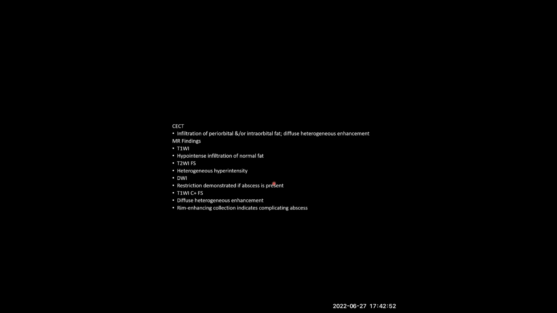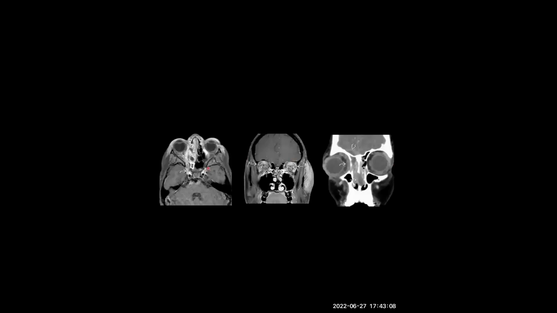The patient will die if there is cavernous sinus thrombosis, as in the few years ago. And the intracranial extension is easy, and besides that, there is migration through the nerves. All of these are pathways to the brain and the intracranial structures.